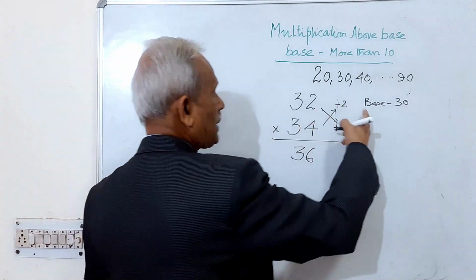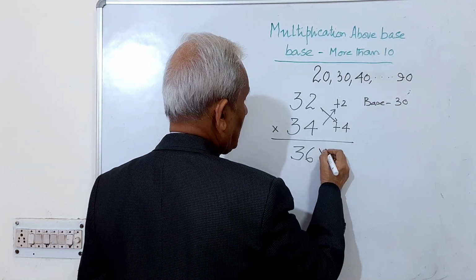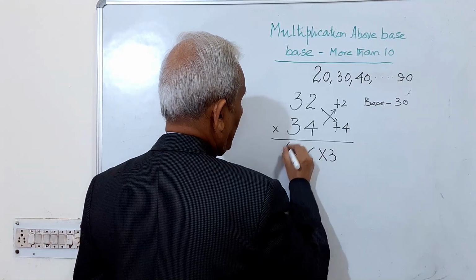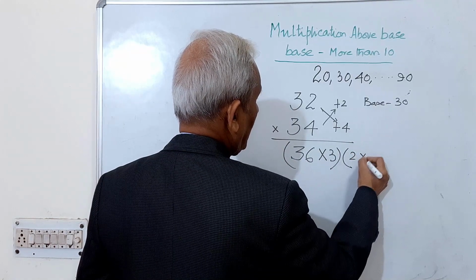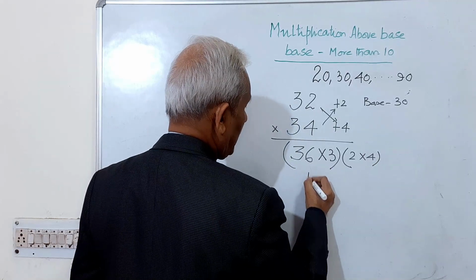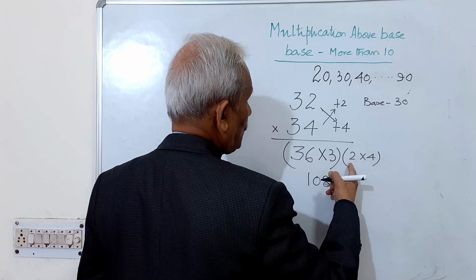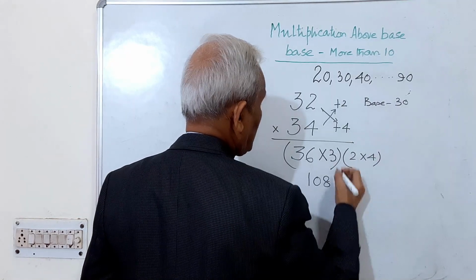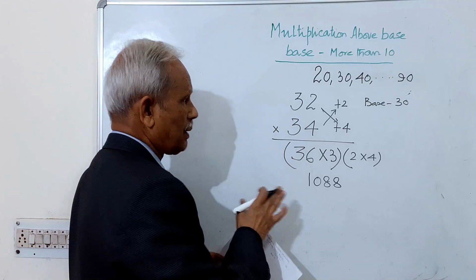But since the base is 30, which is the third multiple of 10, we'll multiply this with 3. And the second part of the answer is 2 into 4. Here 36 into 3 is 108. And 4 into 2 is 8. In the base there is 1 zero, so there is no issue. The answer is 1088. Things are very simple.